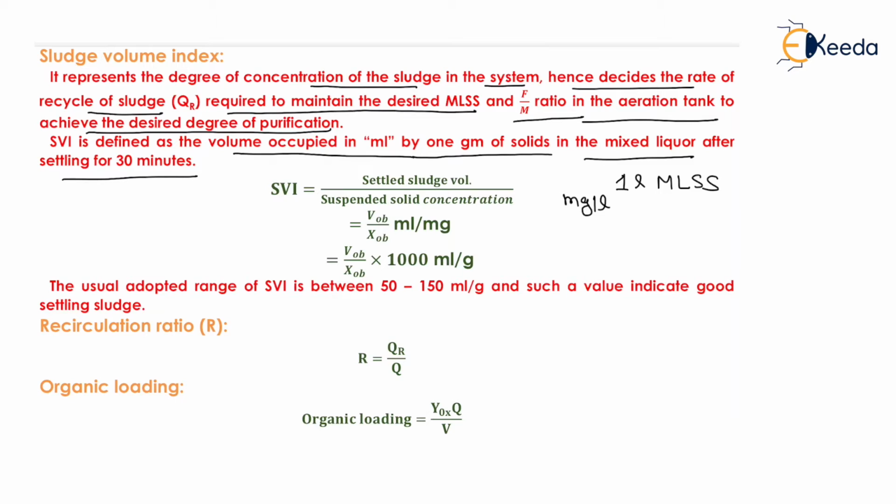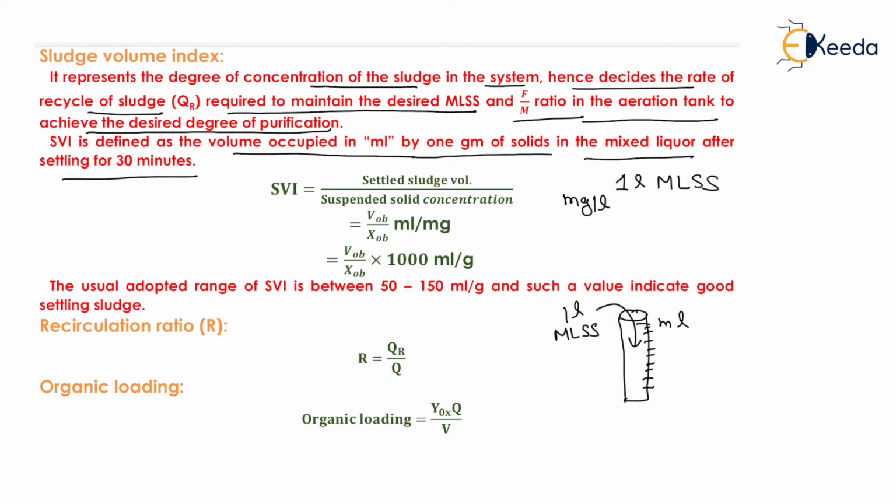Now when you determine the suspended solids concentration in that water, you will take 1 liter of MLSS in a container, in a beaker having graduations on the sides in ml. Now you just add 1 liter of mixed liquid suspended solids in this container and allow it to remain in stationary condition for 30 minutes.